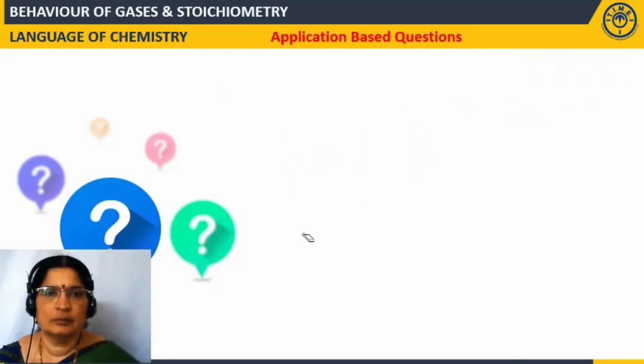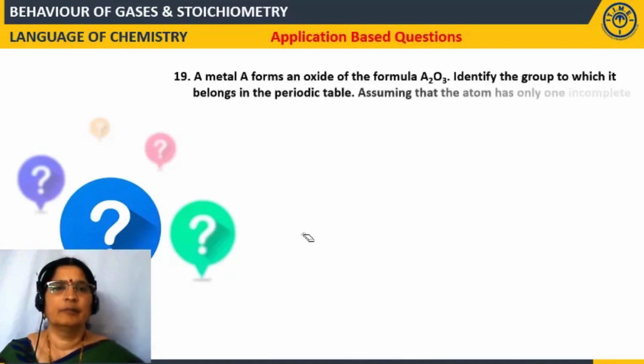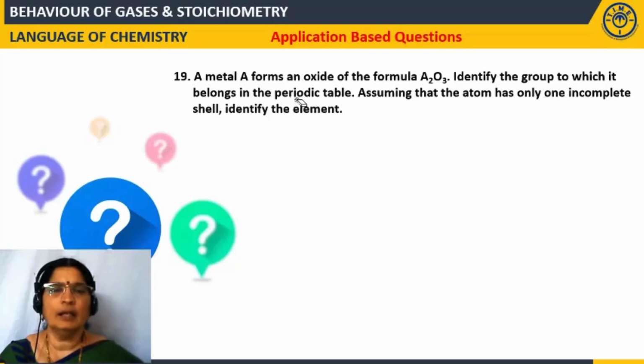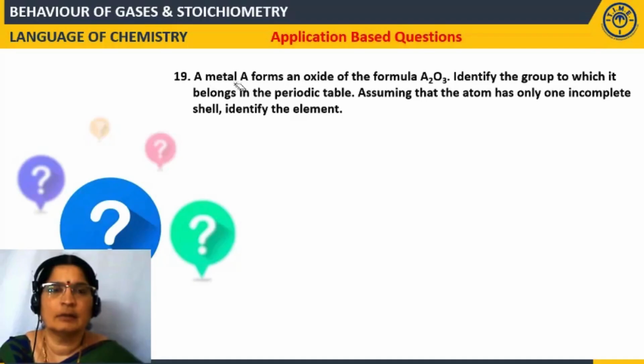Now, a metal A forms an oxide of the formula A2O3. Identify the group to which it belongs in the periodic table. Assuming that the atom has only one incomplete shell, identify the element.